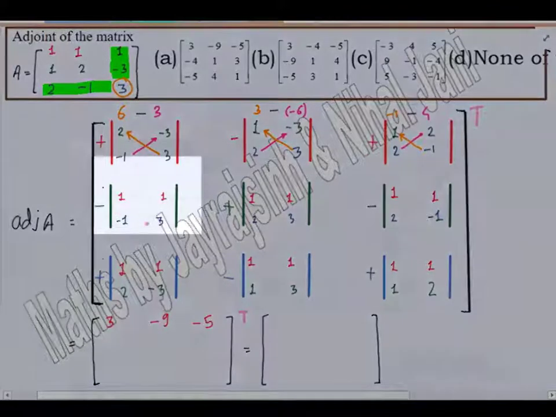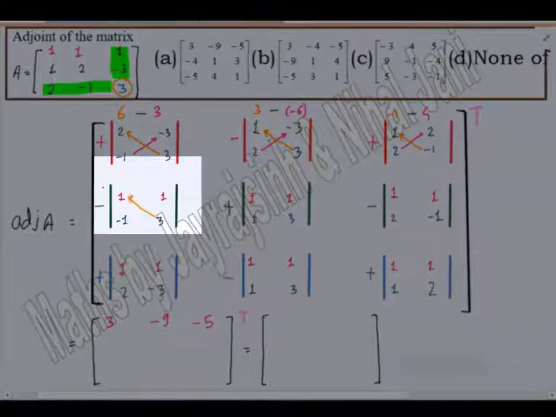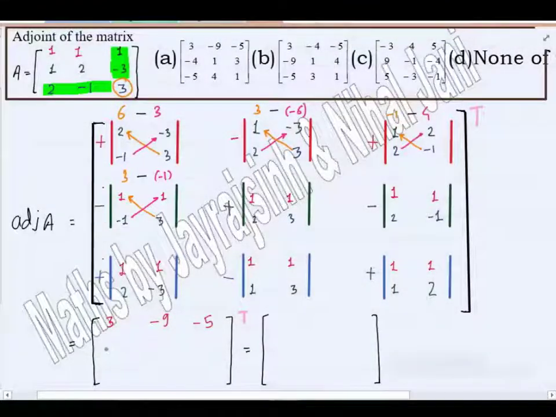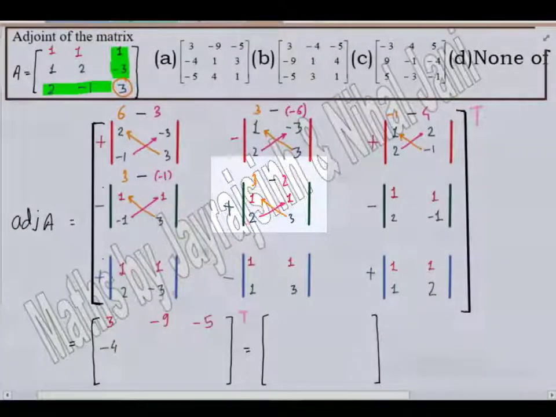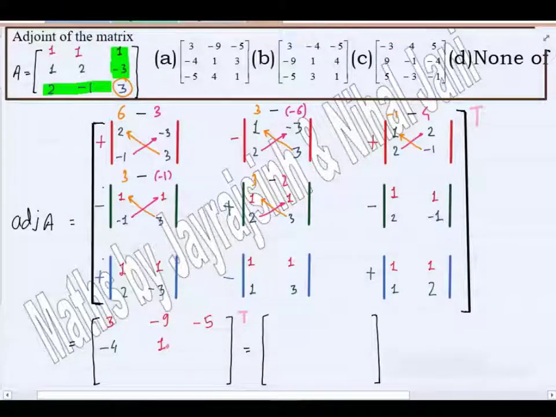The first element of the second row, 3 minus 1 will give us plus 4, but with the negative sign it will be minus 4. Next, 3 minus 2 will give us 1.